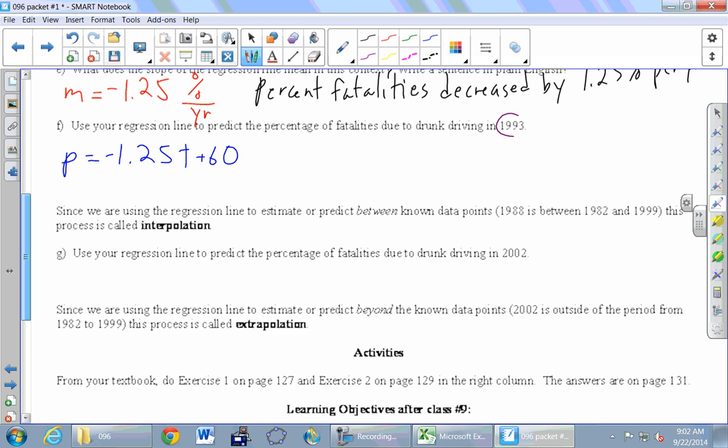And when we say 1993, we're really saying something about which variable, P or T. That's T, and what is T? 13. So this problem is really just saying, take the equation that you worked so hard to get and substitute 13 for that T. So P equals negative 1.25 times 13 plus the 60.